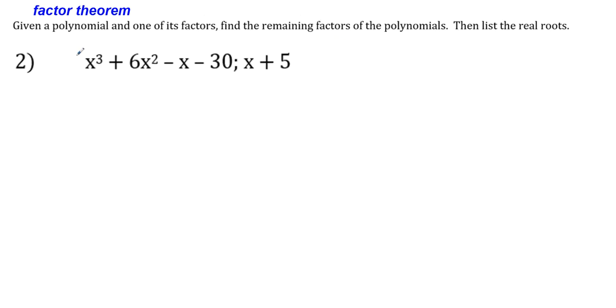Let's go ahead and take a look at the factor theorem. So the factor theorem, we're looking to see if our remainder is going to be 0. So again, I'll use synthetic real quick, and this is x plus 5. Remember, x minus k. So we're going to have a negative 5 here. And 3, 2, 1, 0, so we're all good. So I'm going to go ahead and write my coefficients.